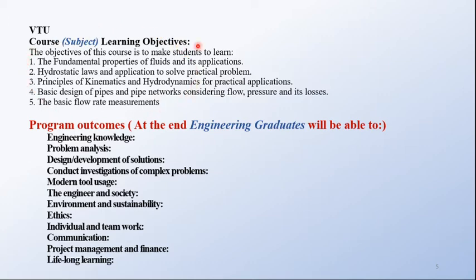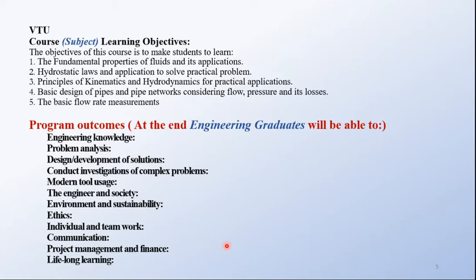But the long-term objective is nothing but to attain or achieve these program objectives. The program is civil engineering. So if you want to get a degree at the end of engineering graduation, the student should be able to achieve 12 objectives passed by the Washington Accord.